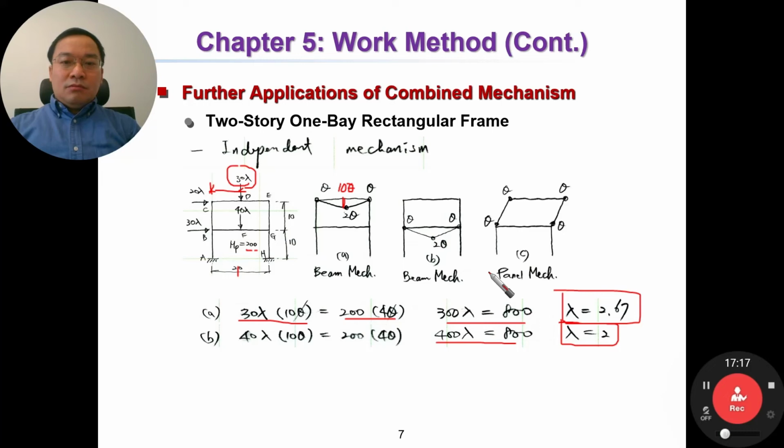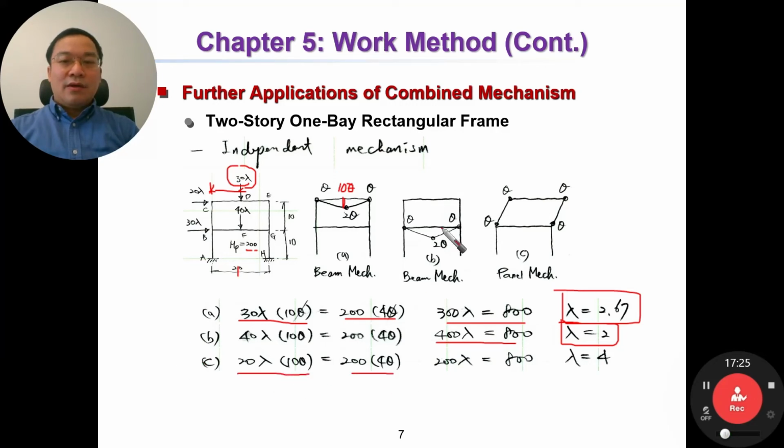And we have C mechanism, mechanism C. With this mechanism, we have external work and internal work. External work here only 20 lambda multiplied by this distance. And this distance equal to 10 theta, because the column has a length of 10 and this angle is theta.